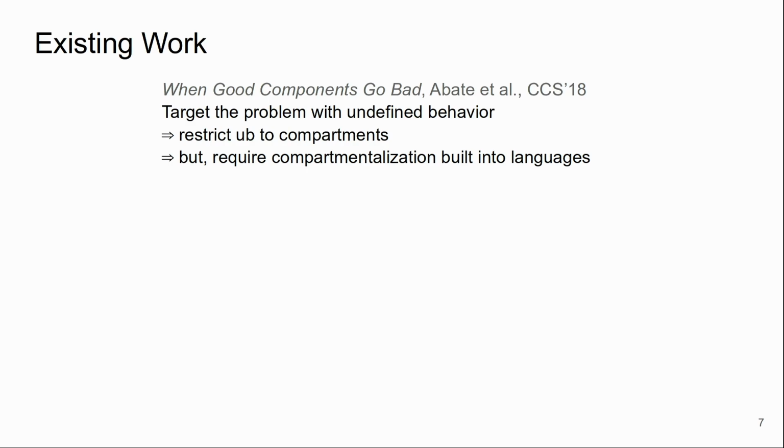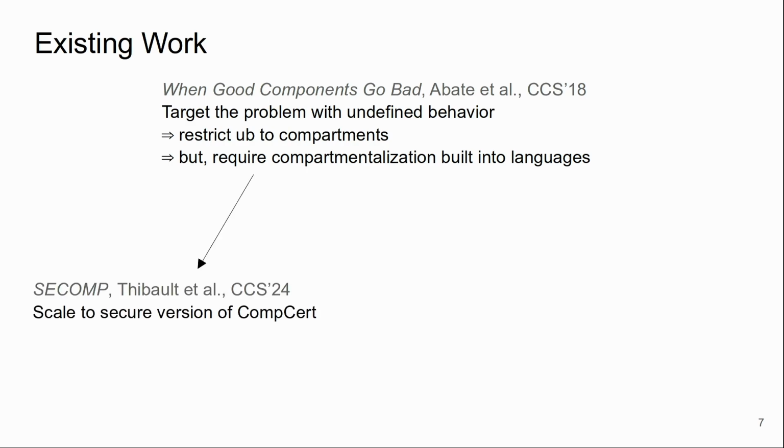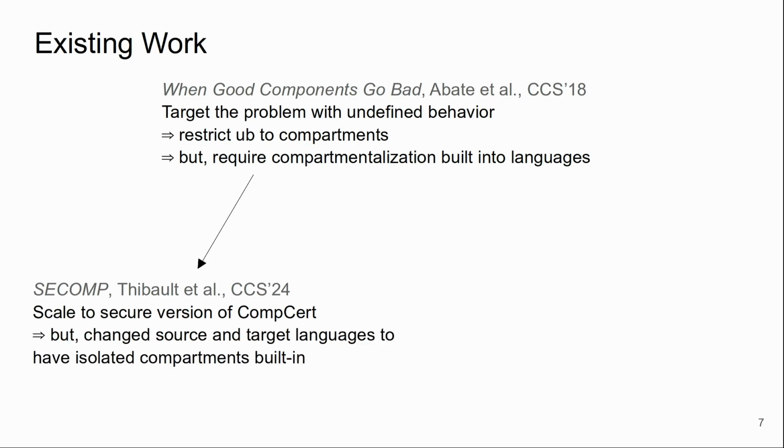This line of work recently got extended to a secure version of CompCert by Deepak et al., which is really impressive. But again, they needed to change the semantics of the source and target languages of CompCert to have these isolated compartments built in.